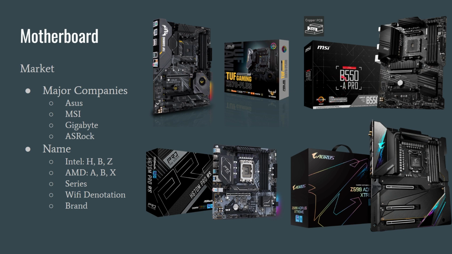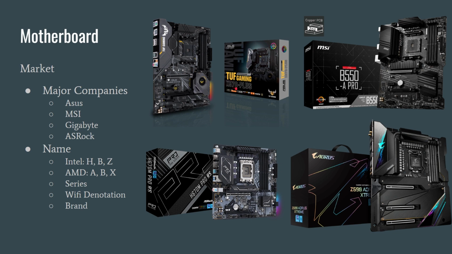It's got the B550, so it's mid-range. Here's an Intel motherboard, and you can see it's Z590, so it's the extreme or max quality because of the Z here. And then here's an H670, so that's also an Intel, and the H means it's the lowest tier.